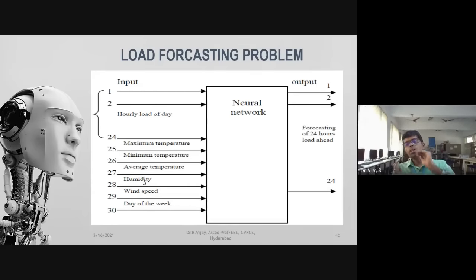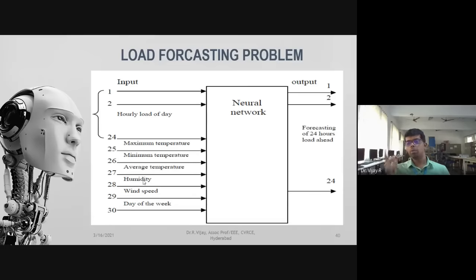If you train the neural network like that, it will give you the hourly forecast. 9 to 10, what is the forecast? 10 to 11, like that. Simply for 24 hours, I can easily get the forecasted output, simply like that, one click.